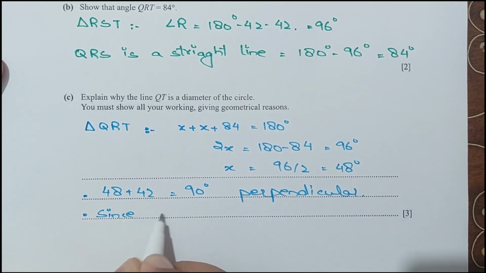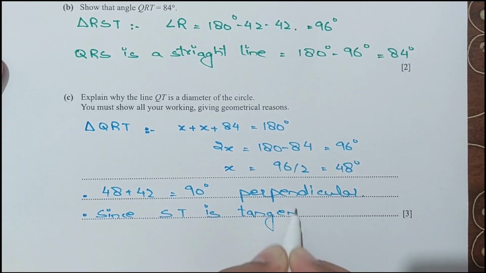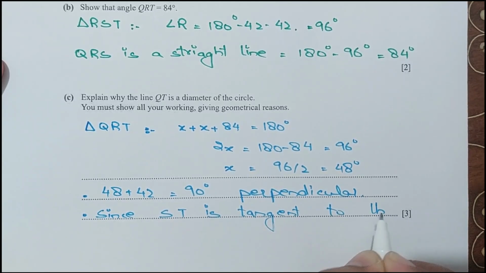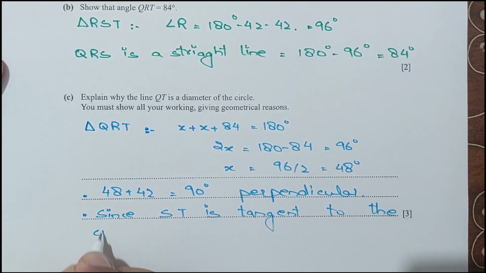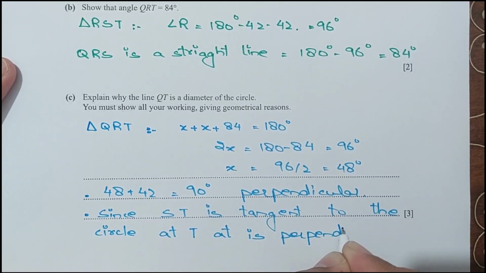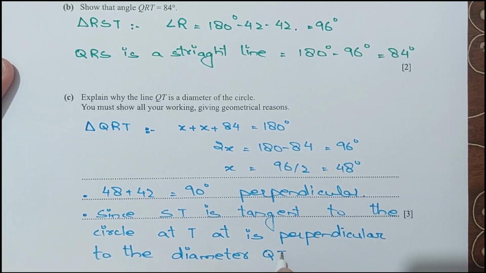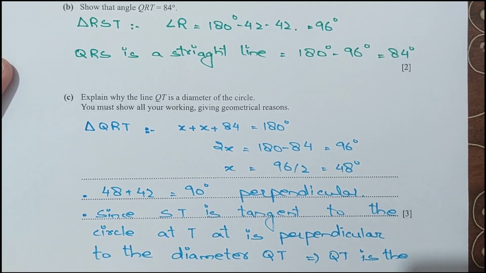Since ST is tangent to the circle at T and is perpendicular to the diameter QT, this implies QT is the diameter of the circle.